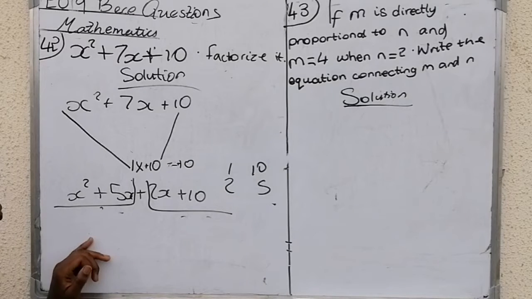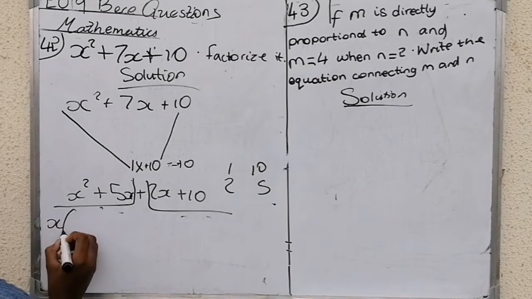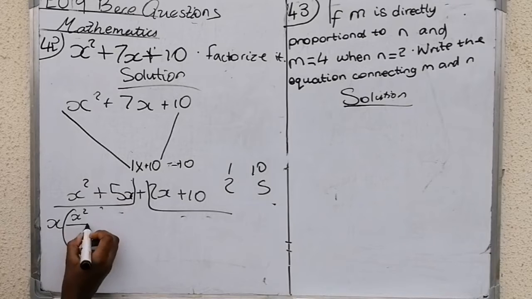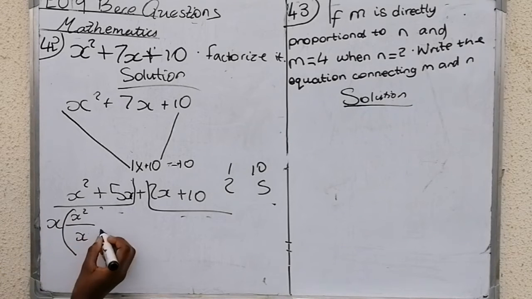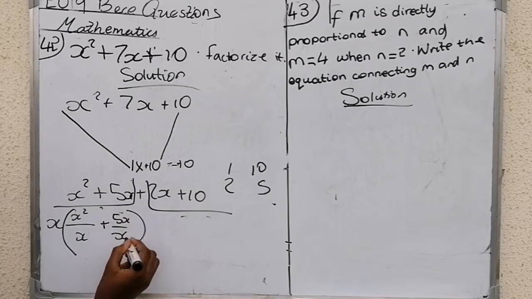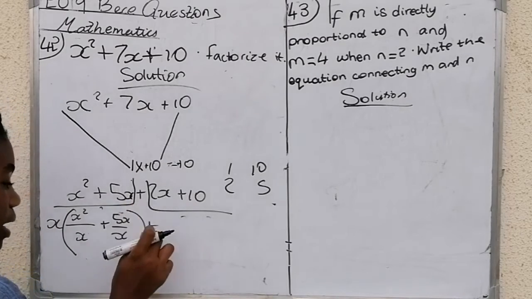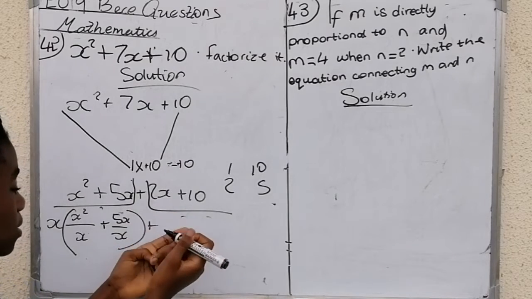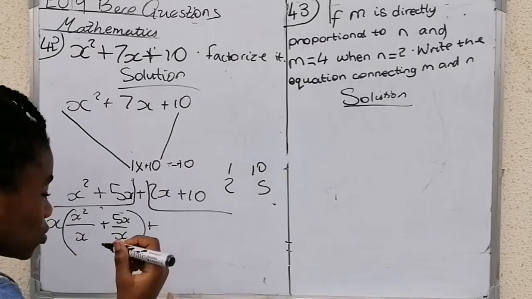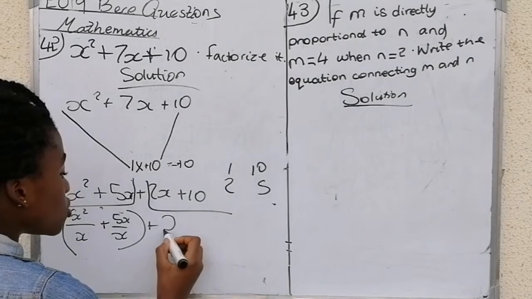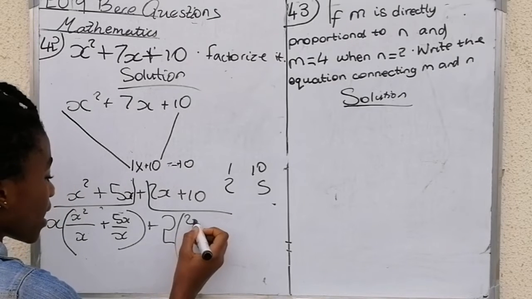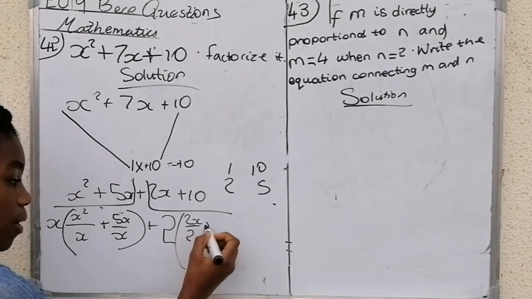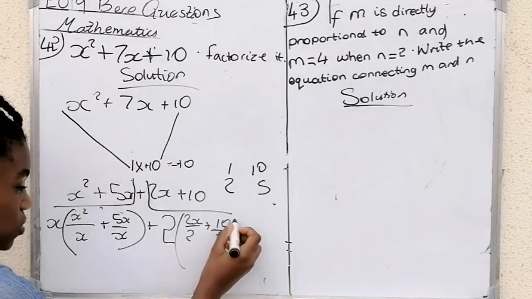So x into x squared divided by x, plus 5x divided by x, plus, bringing down the sign, 2 into 2x divided by 2 plus 10 divided by 2.